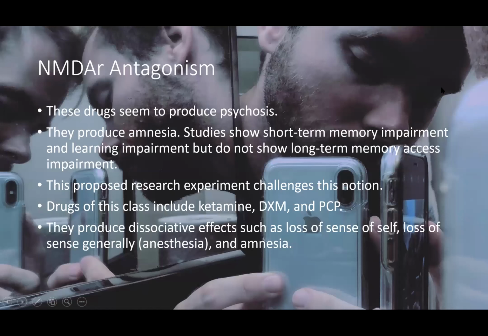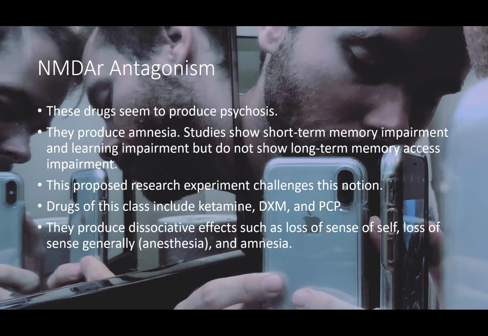Okay, so now NMDA receptor antagonism. This is mostly drugs like PCP, ketamine, and dextromethorphan or DXM. These drugs seem to produce psychosis.